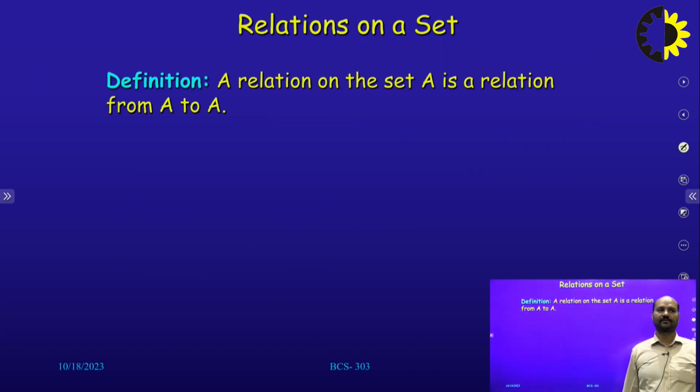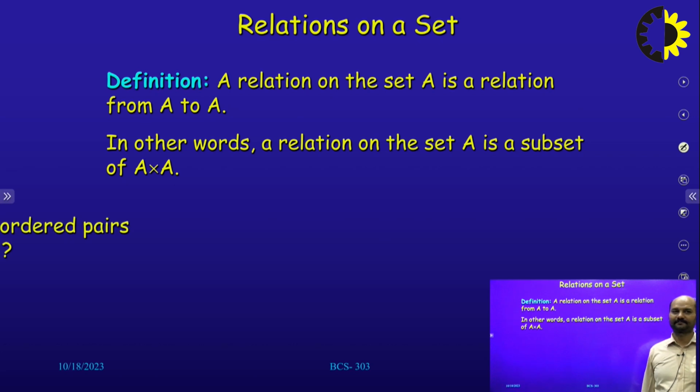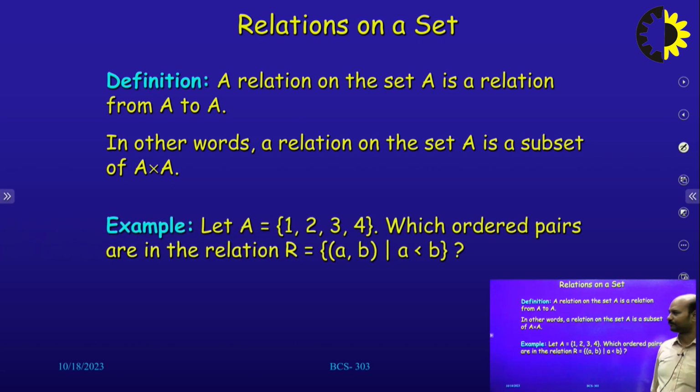Relation on a set, definition: a relation on set A is a relation from A to A. It means elements present in A are related to other elements from the same set A. In other words, we can say that a relation on set A is a subset of A cross A. Let's take the example A equal to {1, 2, 3, 4}.